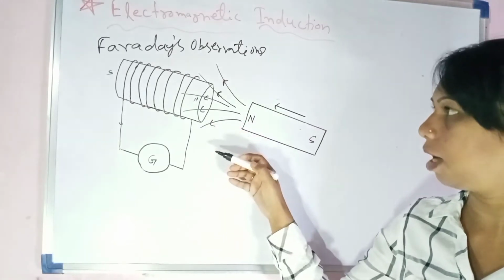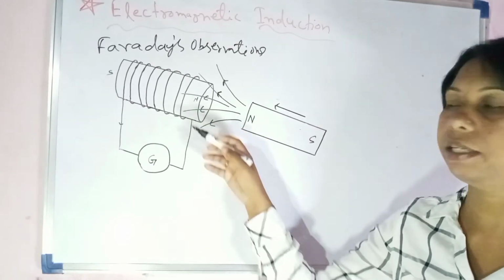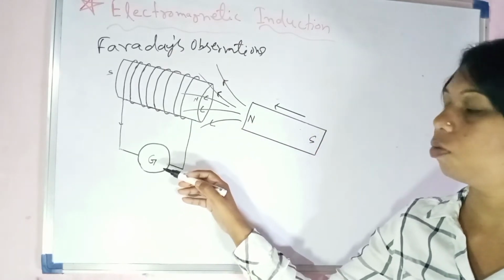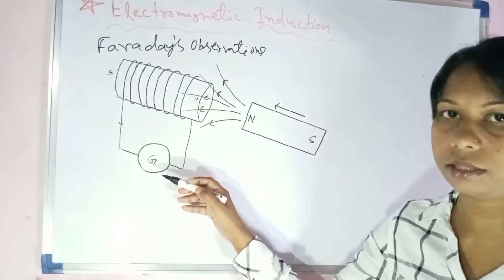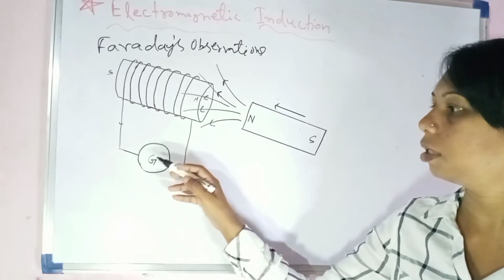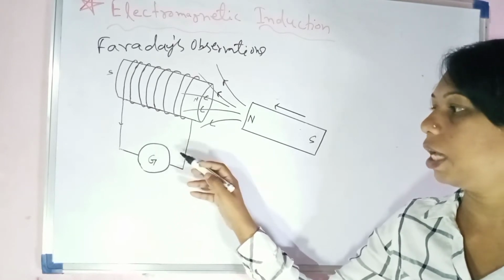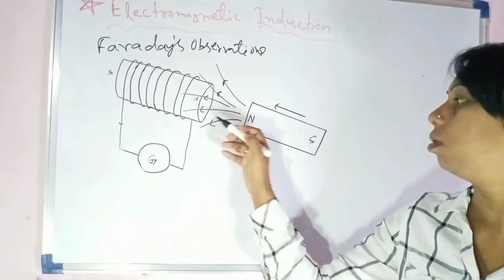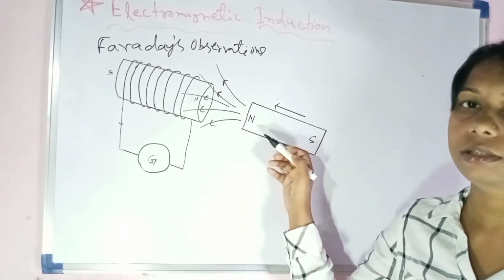He observed that when there is relative motion between coil and magnet, the galvanometer shows deflection, and the direction of deflection of the galvanometer changed when the direction of the magnet's motion is changed.